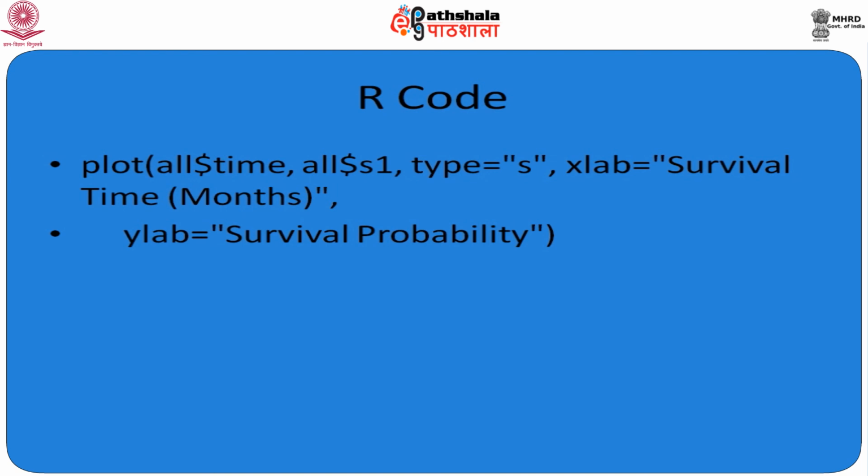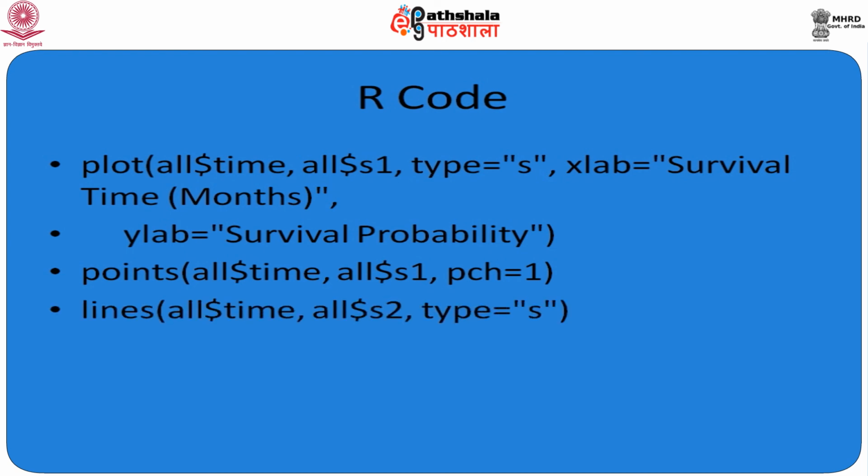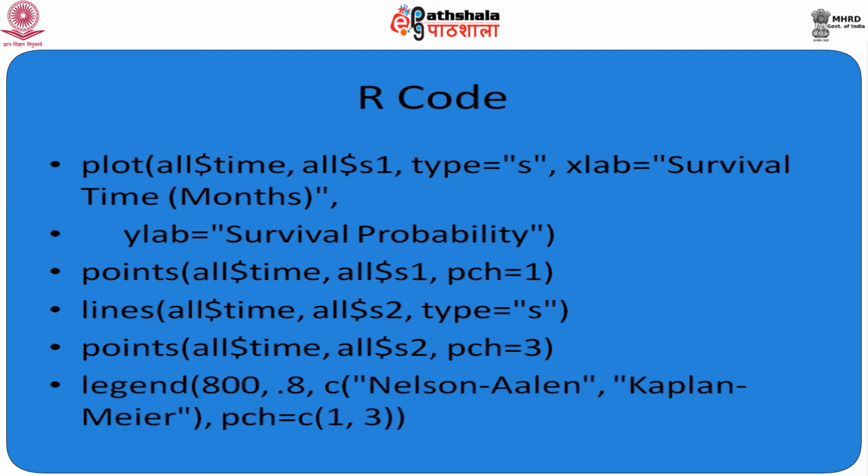So we may change that accordingly, and the y label we may also change accordingly, but it's a generic term, survival probability. And points we are putting to discriminate the lines, basically for Kaplan-Meier and Nelson Aalen, and these lines are also assigned for S1 and S2, and now we are getting the result.